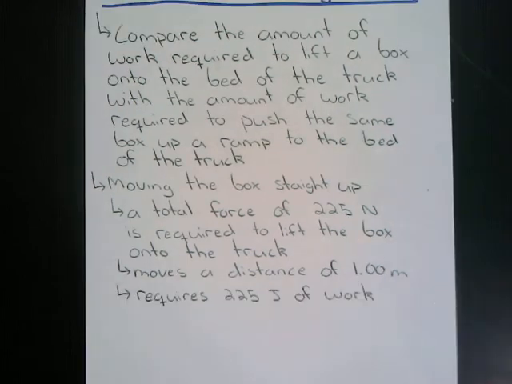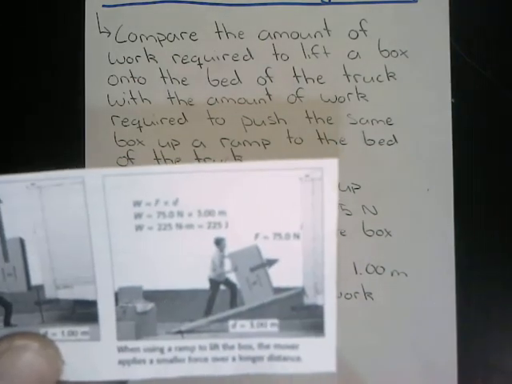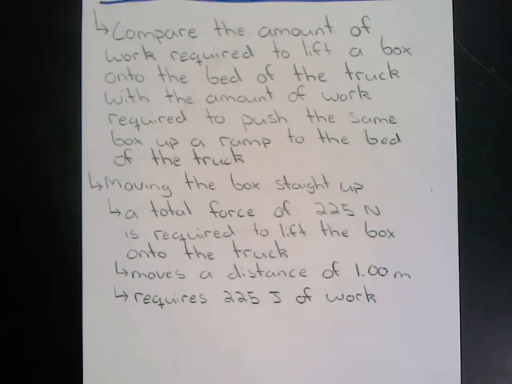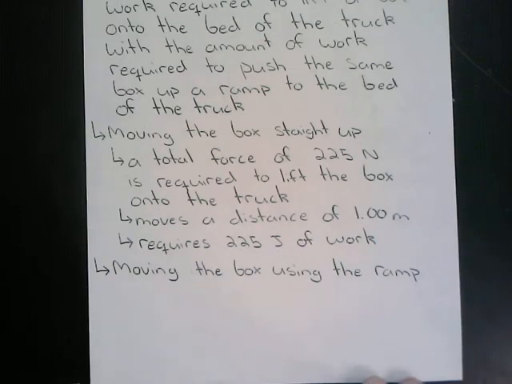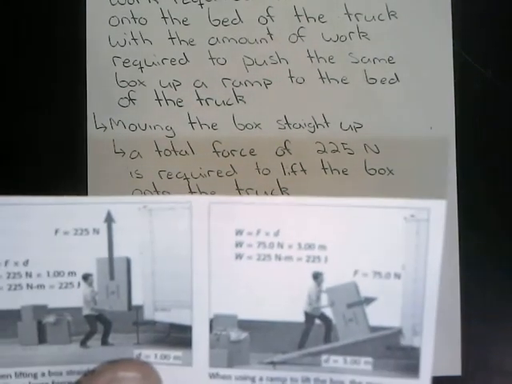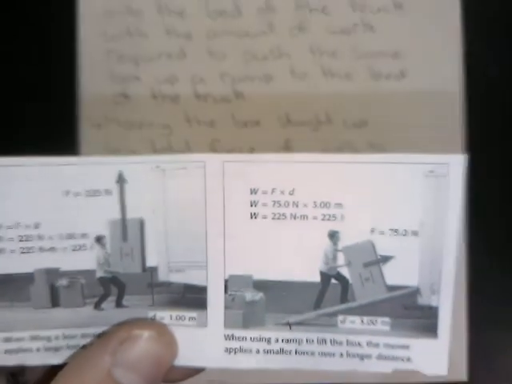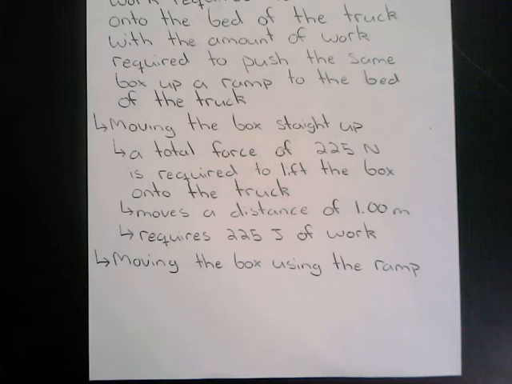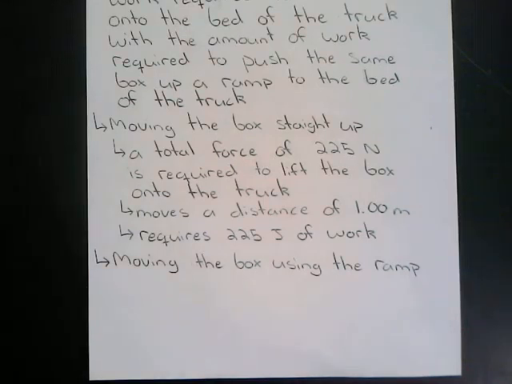Now, let's talk about using the ramp to move that same exact box. This time, because we have a ramp, we only have to put in a force of 75 newtons. So a total force of 75 newtons is required to move the box using the ramp.